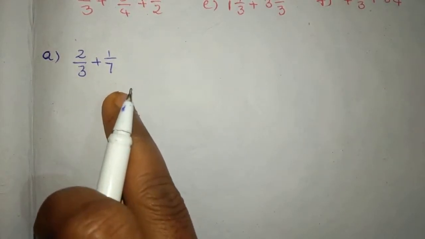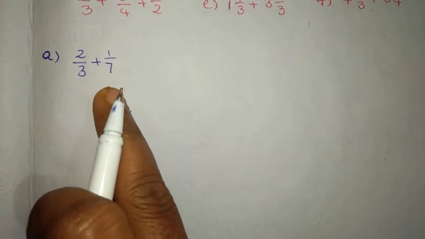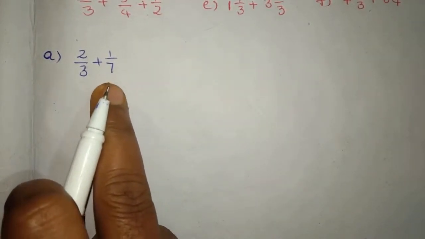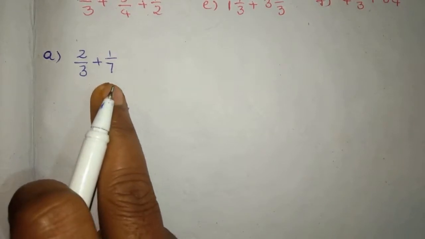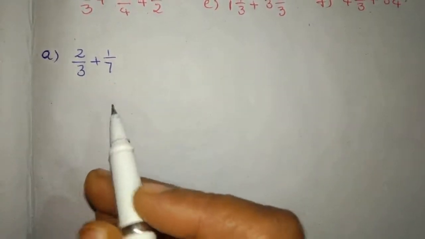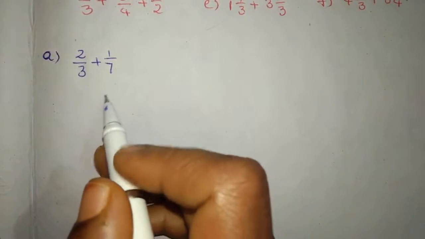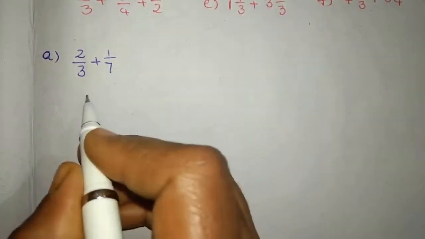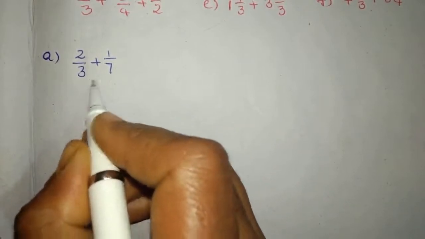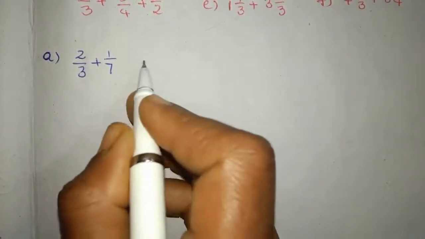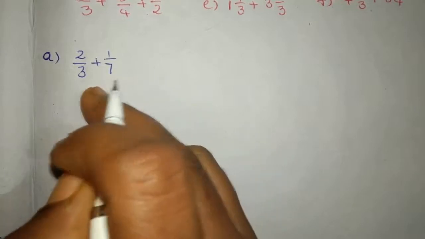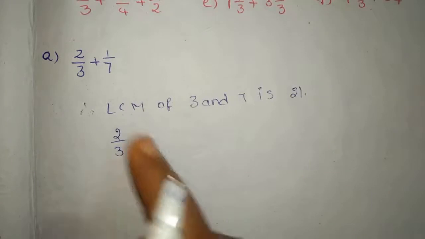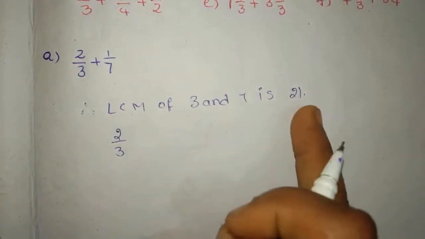First we have to make the denominators equal, which means we have to convert them to like fractions. First we find the LCM of 3 and 7. LCM of 3 and 7 is 3 7s are 21, because they are prime numbers only. LCM of 3 and 7 is 21.